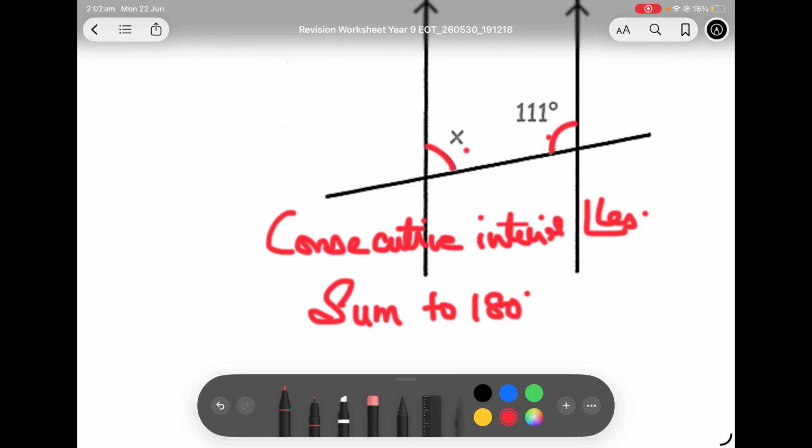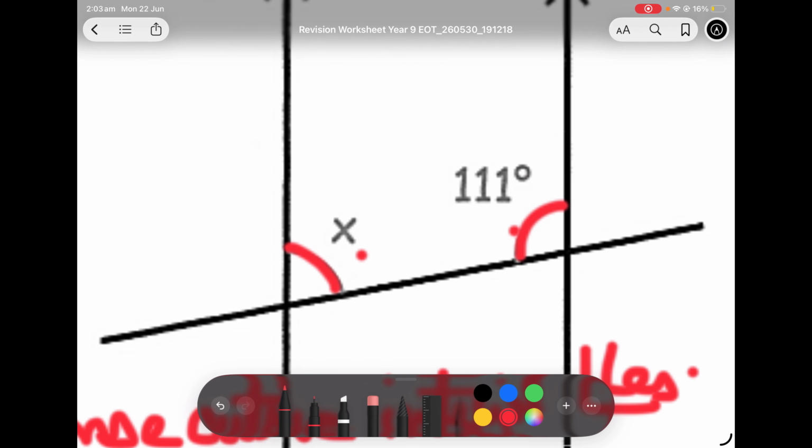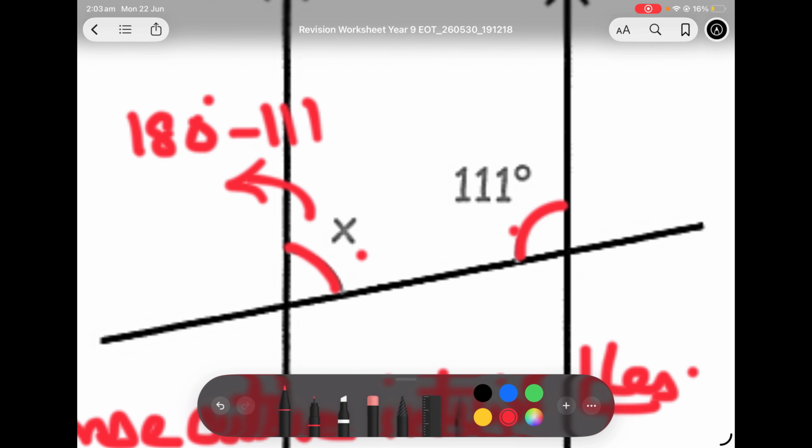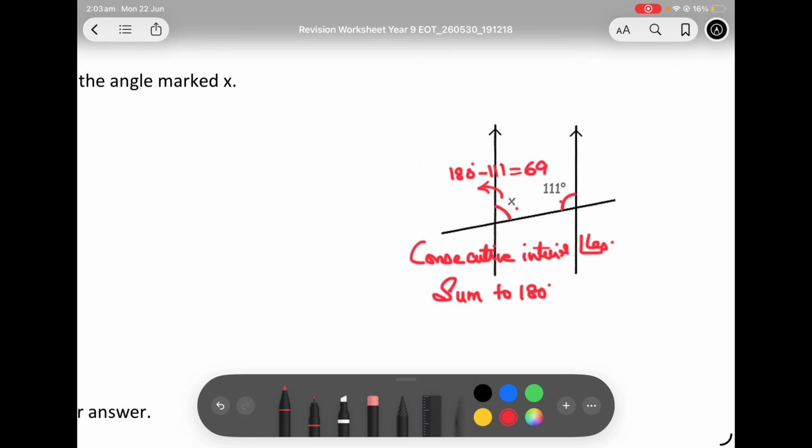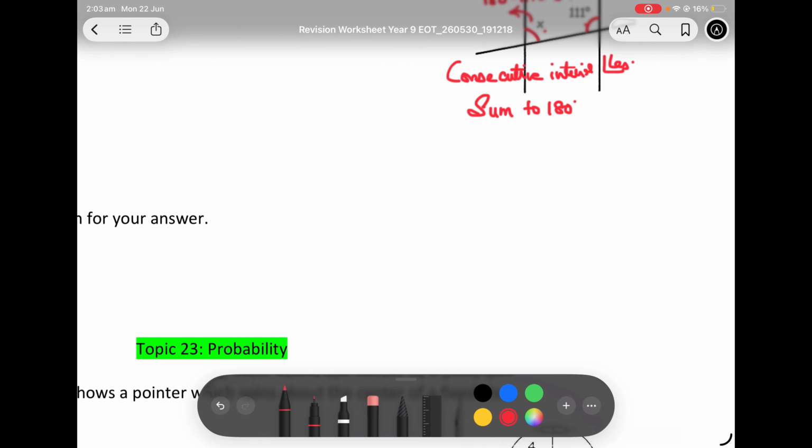So if they both add to 180 degrees, then this one could be found out as 180 minus 111, isn't it? We can just simply subtract it and we get our answer. That turns out to be 69. Okay, so the angle marked X is 69.